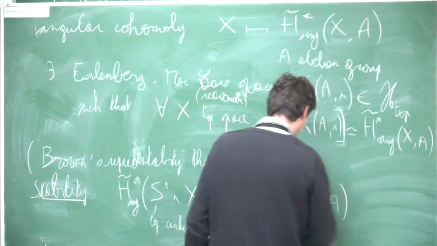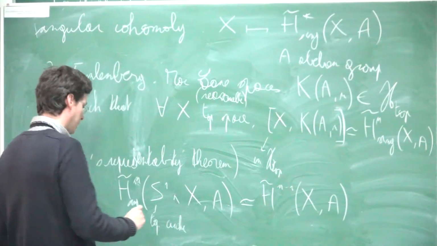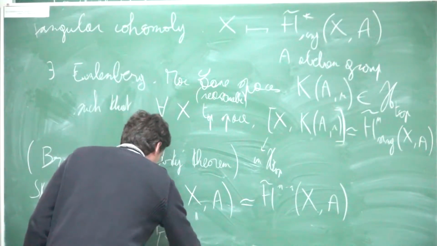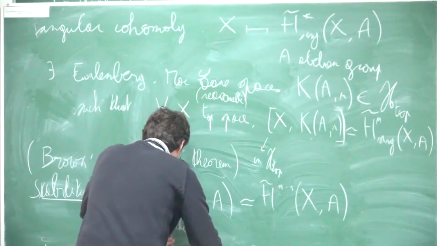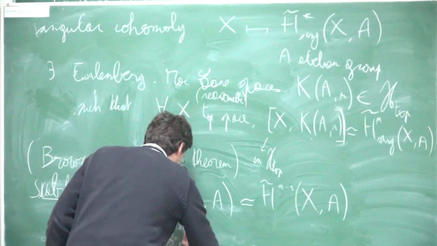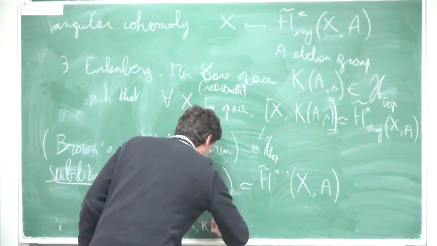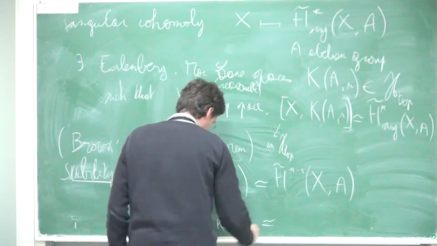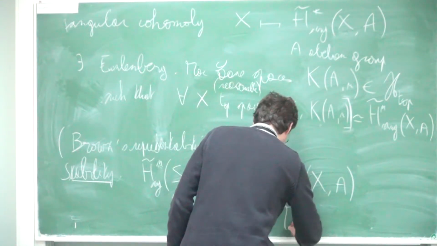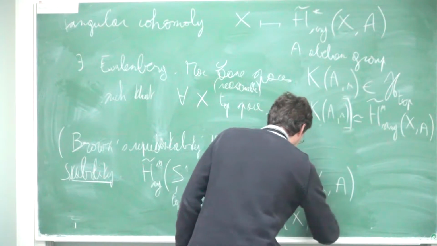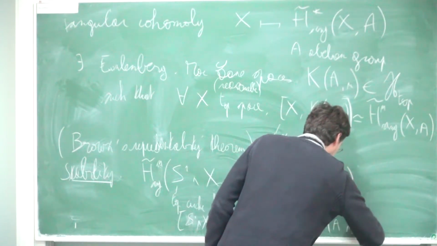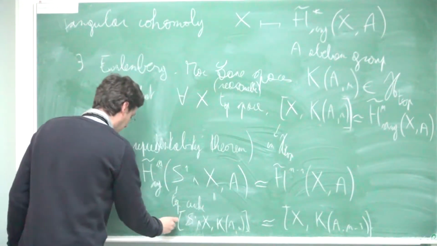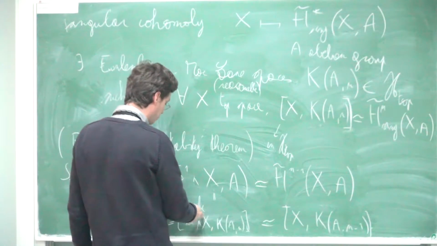Now if we translate that in terms of this representability theory, we obtain that the homotopy classes of maps from S^1 smash X to K(A,n) are isomorphic to those from X to K(A,n-1). Now this is the suspension functor.